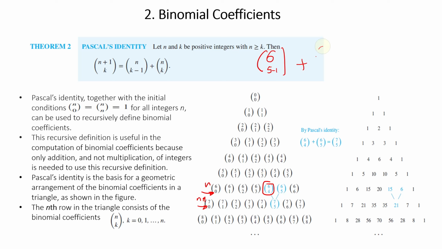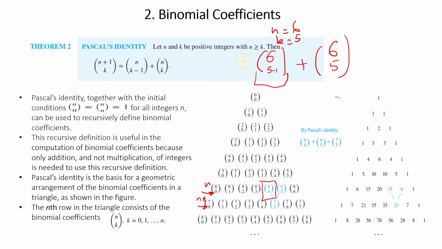This one plus 6, 5, that means this 6 is my n. I said n is 6, and then we said k is going to be 5. That's why I have 5 minus 1, which gives me this 4 over here. Let me remove that, it becomes not readable. So this first part is this one, and this second part is this one, 6 choose k. k for me is 5.